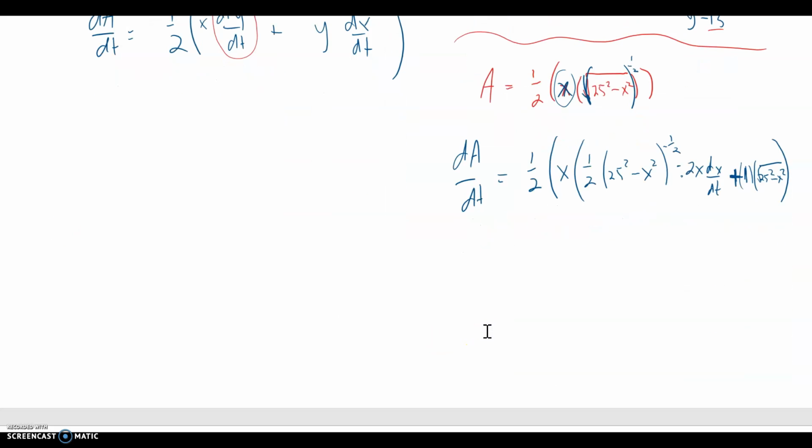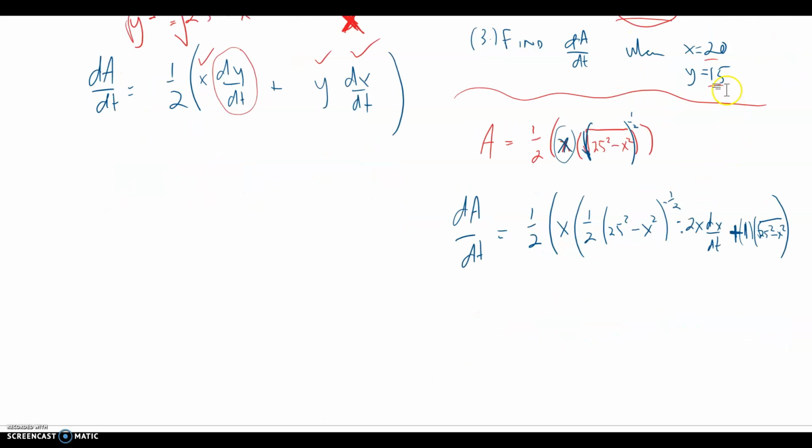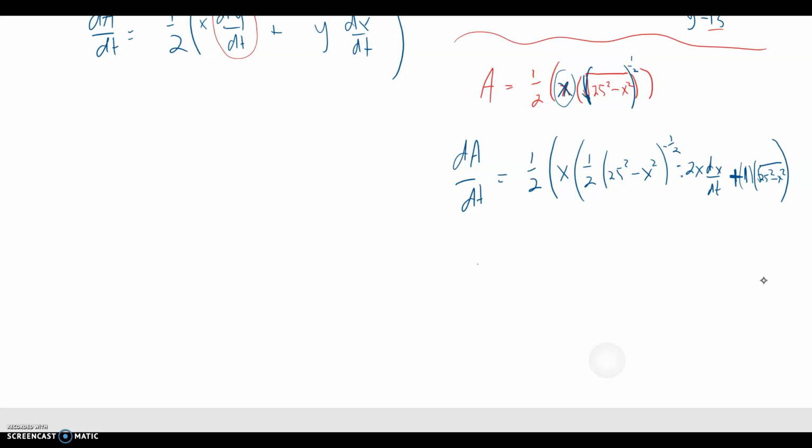Now I'm going to plug in all the values, and I should be able to get my solution that way. This is why I try and organize myself. If I go back up here, I know dx/dt is 2, and I know x is 20. 20 times a half is 10. That's a negative 1/2 power, so let's clean this up a little bit.